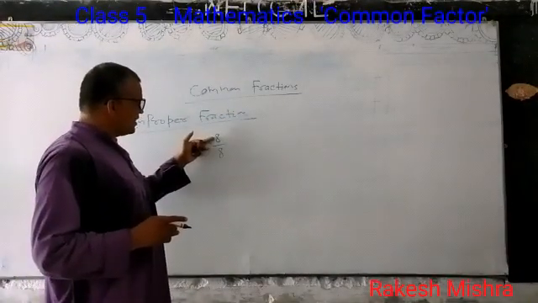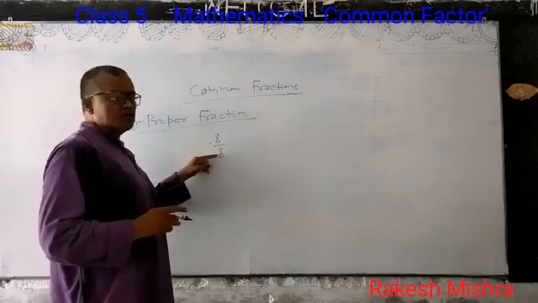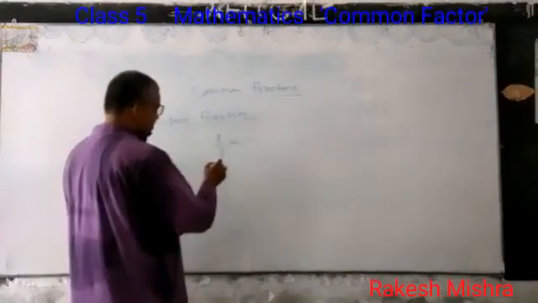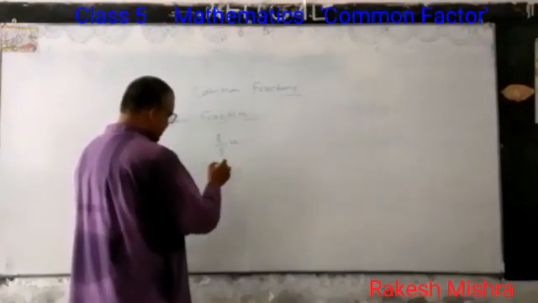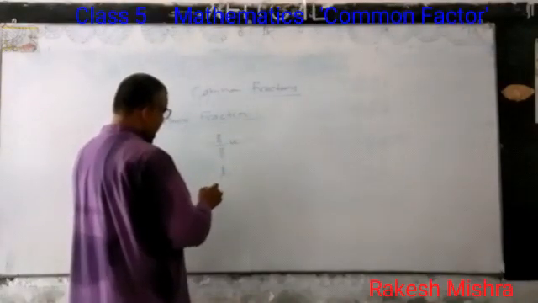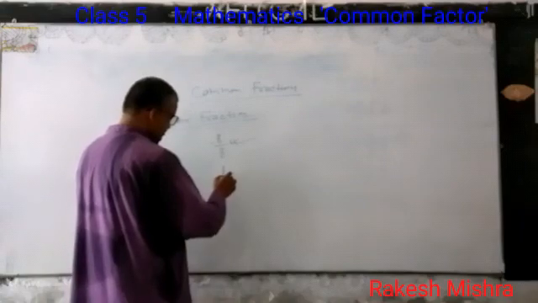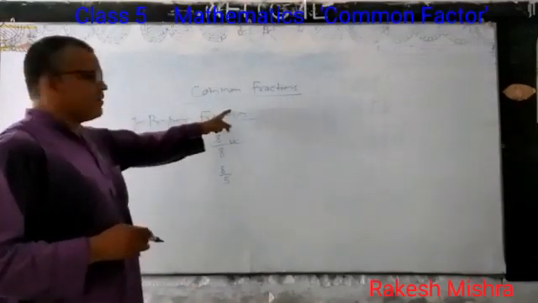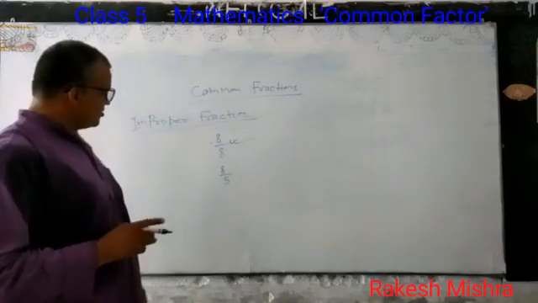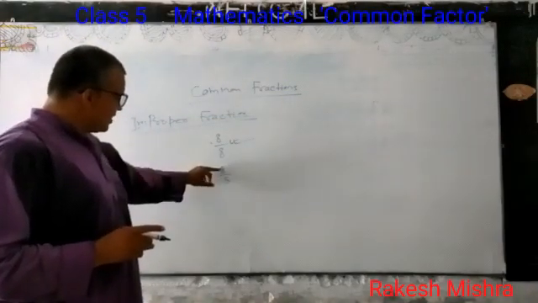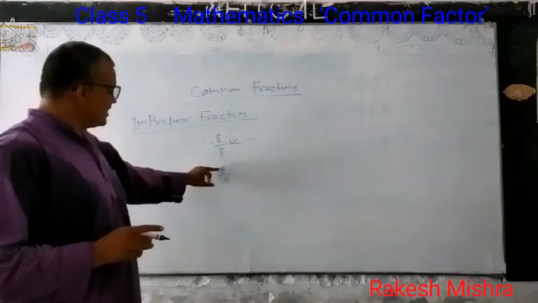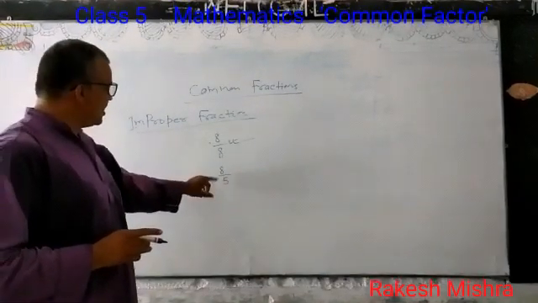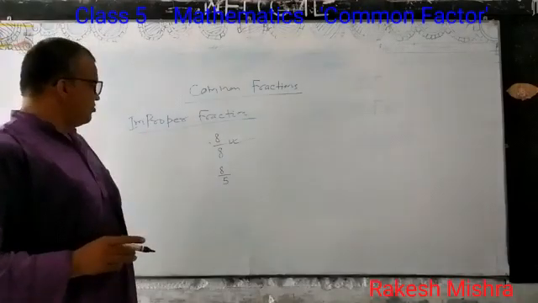Because this numerator is equal to denominator. So it is called improper fraction. Take another example. 8 by 5. Is this improper fraction? Yes. Because this numerator is greater than this denominator. So this is also called improper fraction.